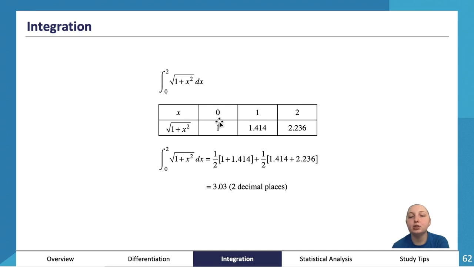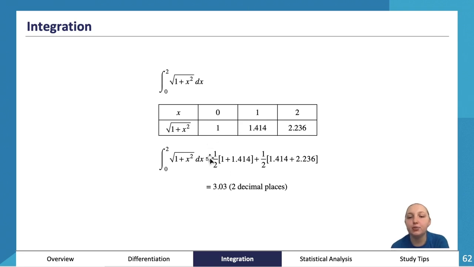Then what we want to do is substitute each of these values into our f(x). So we'd get 1, 1.414, and 2.236, rounded off. Then all we need to do is take a half, which is essentially (b minus a) divided by 2, so you're going to get a half of (1 plus 1.41), which is these first 2, and then a half times (1.41 plus 2.236), and that gives you 3.03 to 2 decimal places.